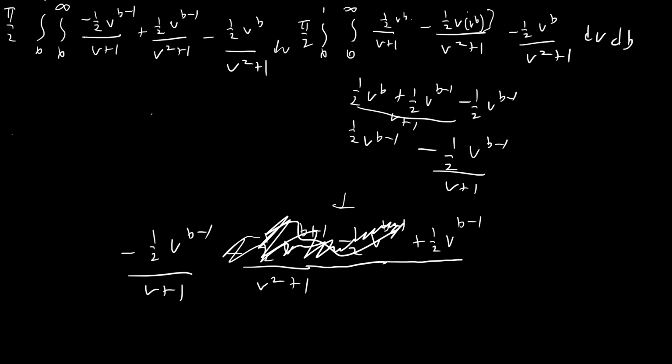So we're going to have pi over 2, integral from 0 to 1, of negative pi over 2 cosecant of b pi plus pi over 4 cosecant of b pi over 2.